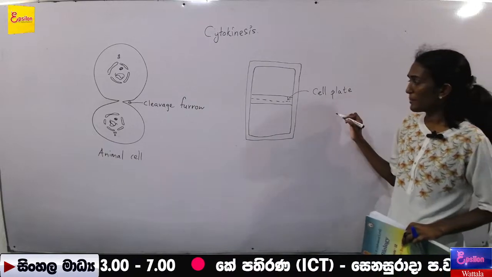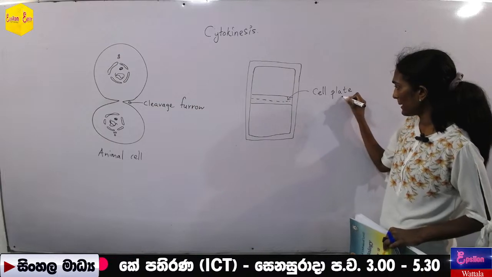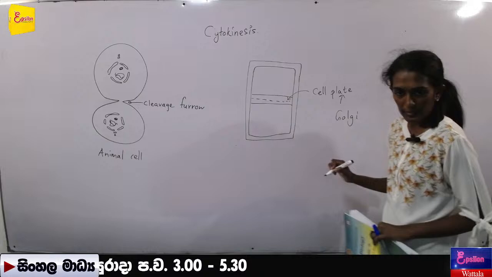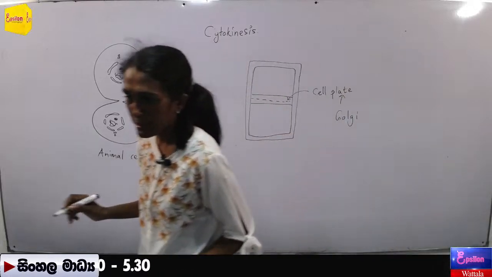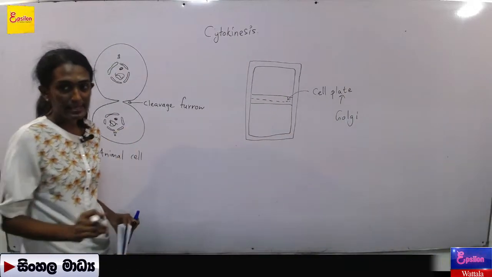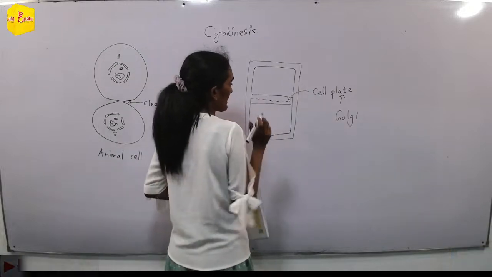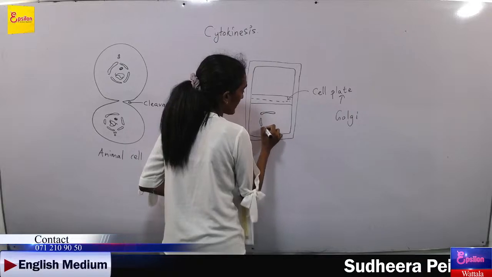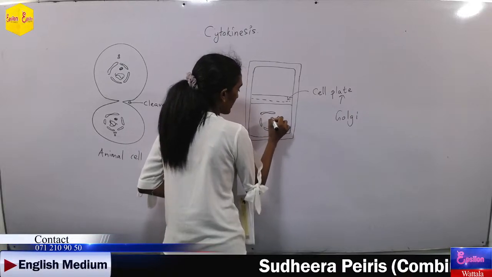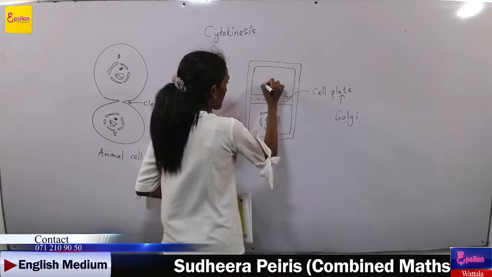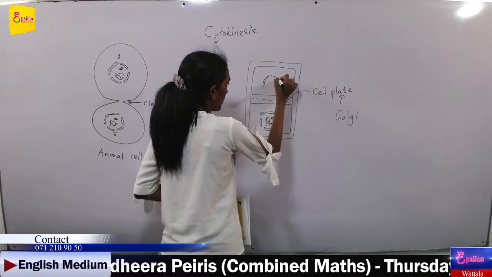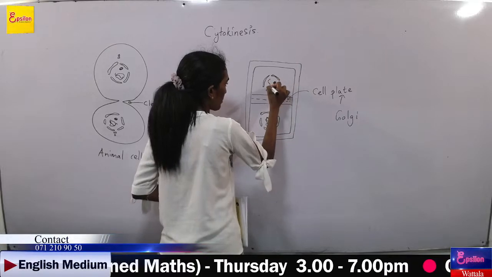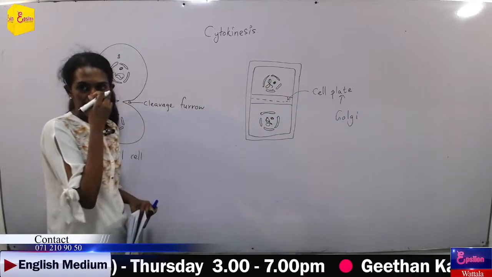An important organelle involved in cell plate formation is the Golgi apparatus. You can remember Golgi produces things necessary for cell wall synthesis. So here are two nuclei which are genetically identical to each other, like in the previous case. But don't draw centrioles, they are not available in the plant cell. Understood now? Shall we draw and label?